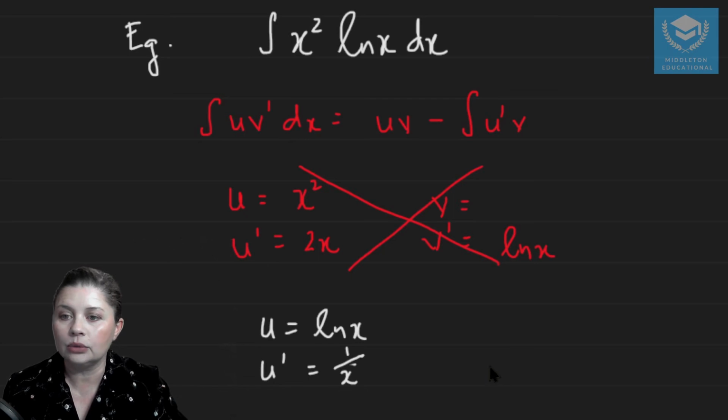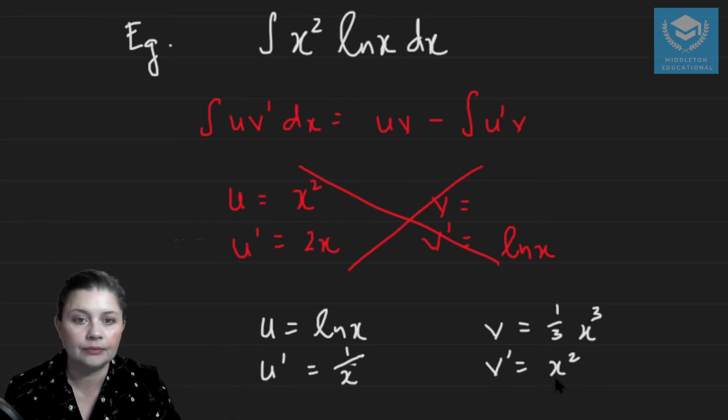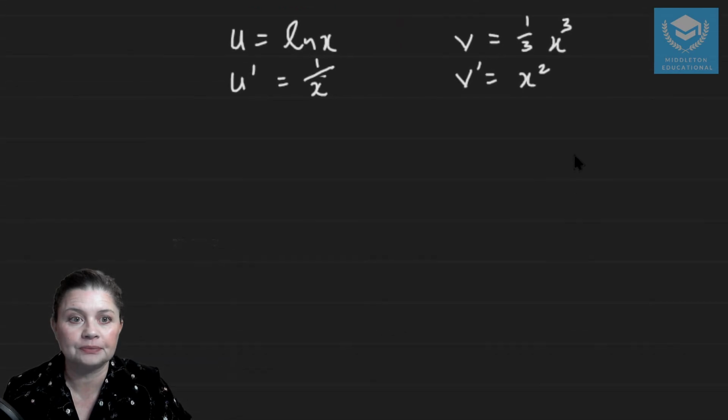And then we're going to choose v dash to be x squared, which means that v is going to be 1 over 3 x cubed. And then we just plug the values into the integration by parts formula.